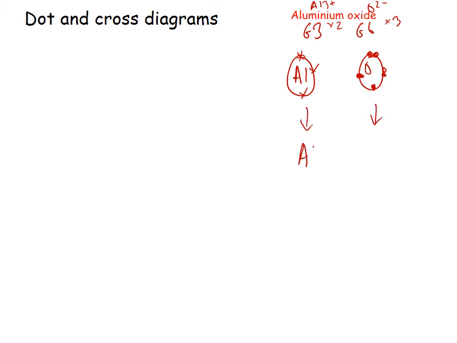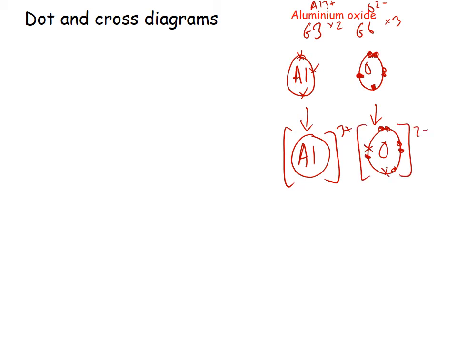Aluminium forms a 3 positive ion, and oxygen, let's put those on, has 2 electrons, forming your 2 minus ion because it's gained 2 electrons.